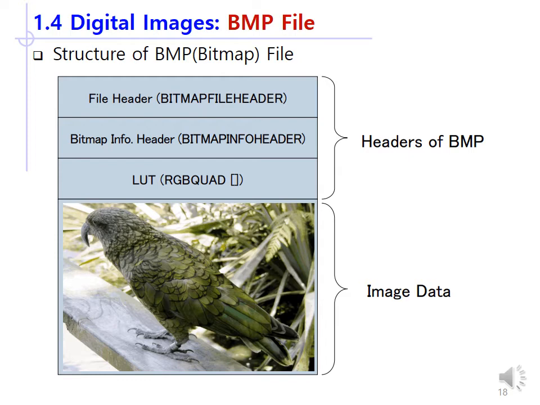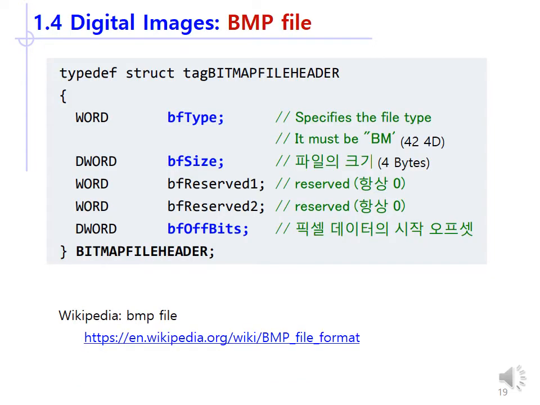Finally the image data is attached. This is the file header, which includes the file type, and this is always BM for a BMP file.